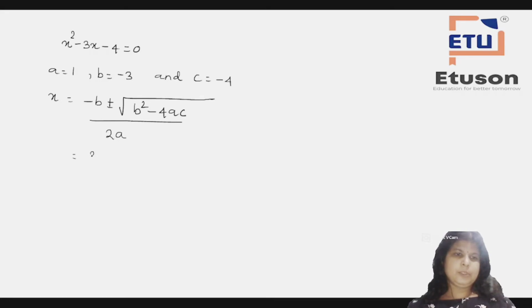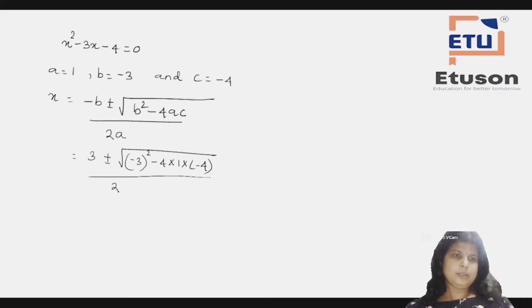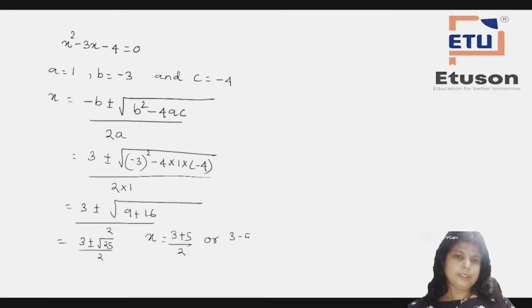Minus b means plus 3, plus or minus square root of minus 3 whole square minus 4 into 1 into minus 4, divided by 2 into 1. So that is 3 plus or minus square root of 9 plus 16 divided by 2. That is 3 plus or minus square root of 25 divided by 2. So x will be either 3 plus 5 divided by 2 or 3 minus 5 divided by 2.